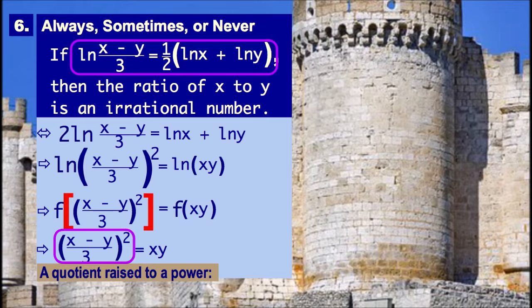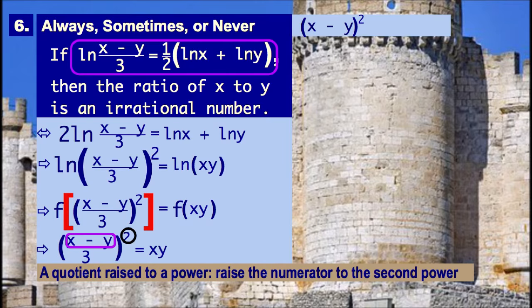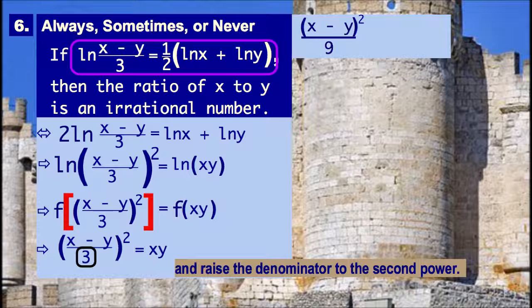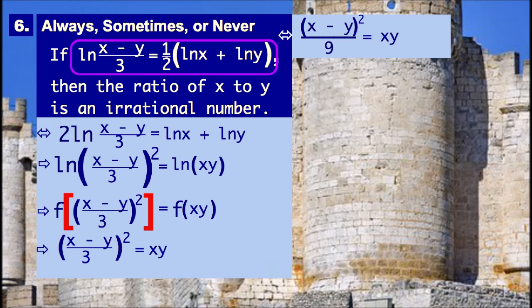A quotient raised to a power: raise the numerator to the second power, and raise the denominator to the second power. So we have (x minus y) squared over 3 squared, which equals 9, which equals x times y.